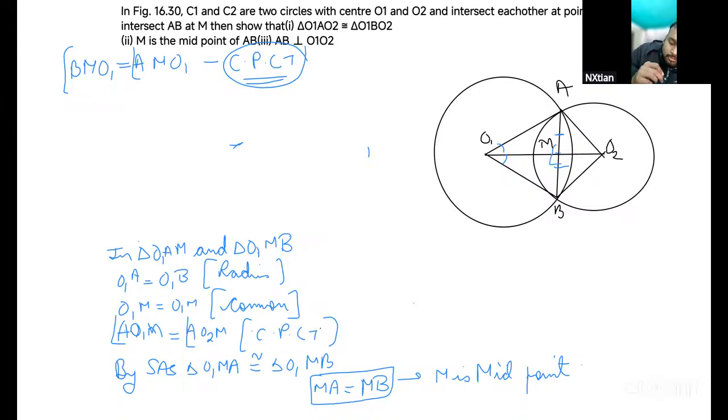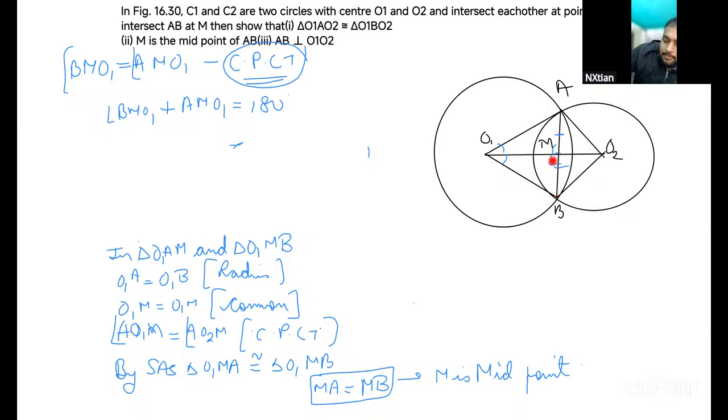So now angle PMO1 plus angle AMO1 is equal to 180 degrees. See guys, this is a straight line. AB is a straight line, Abigail.